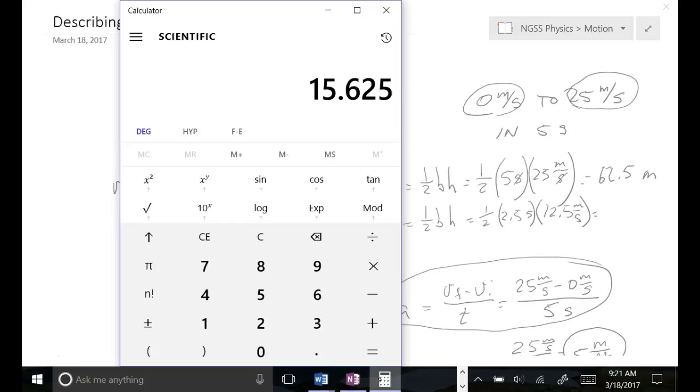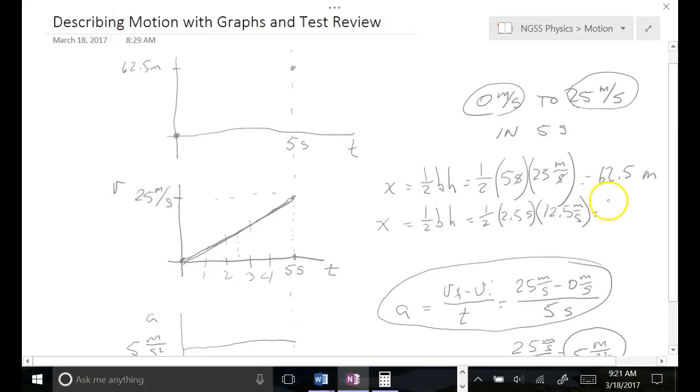So I'm going to just write that as 15.625 meters.